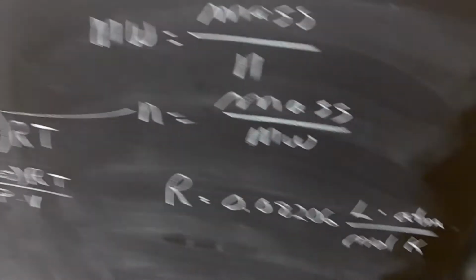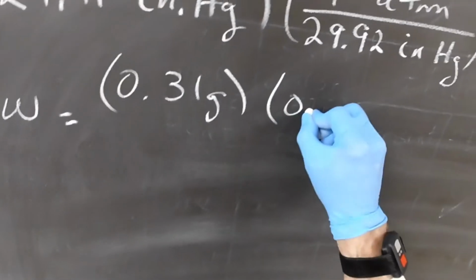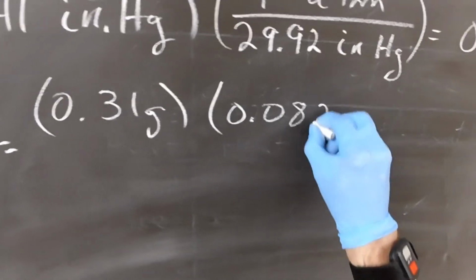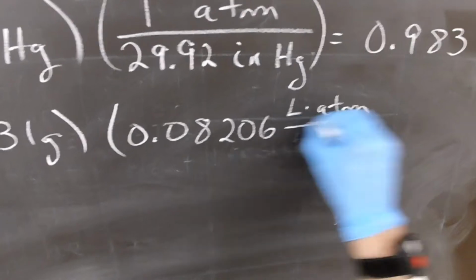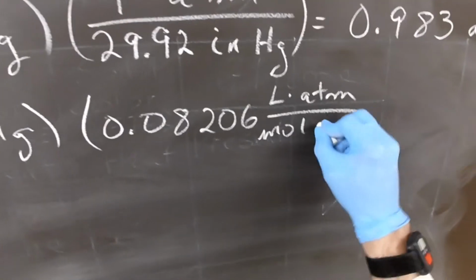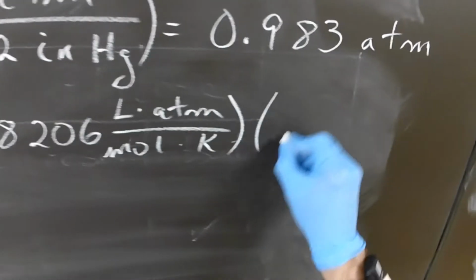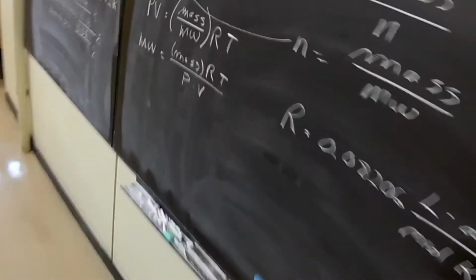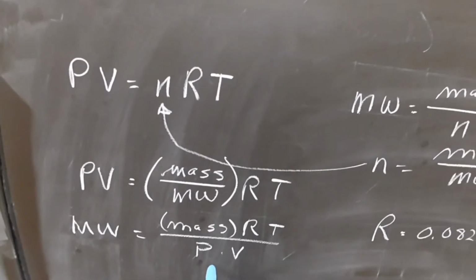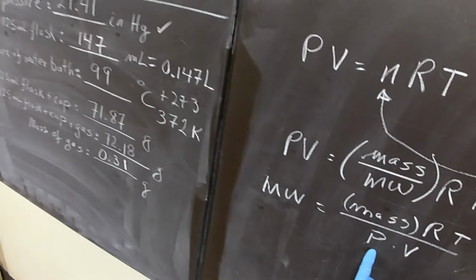What's next? R. 0.08206 liter atmospheres per mole K. What's next? Temperature, 372 K. Then in the denominator, right here, pressure is what?